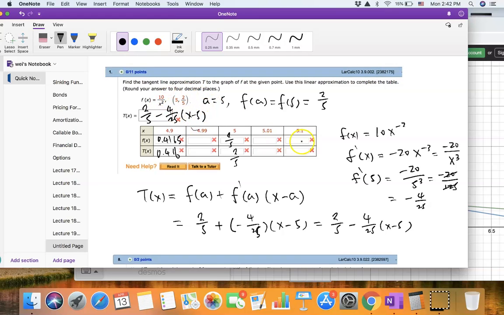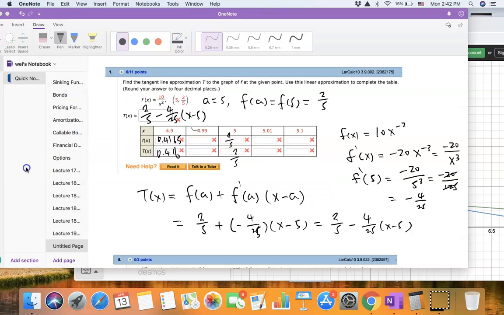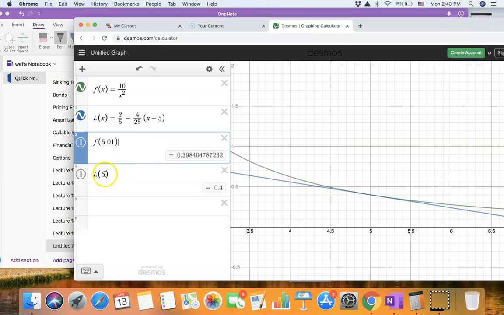Okay, let's try another. At 5.01, the real value is 0.3984. And the estimate value is 0.3984.